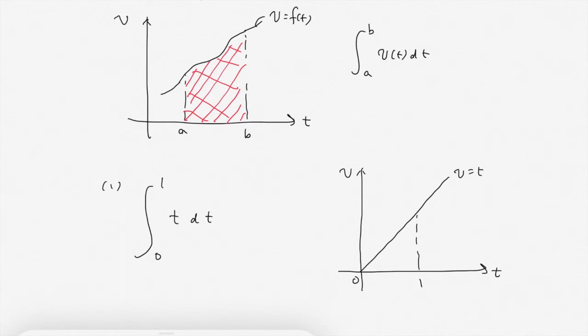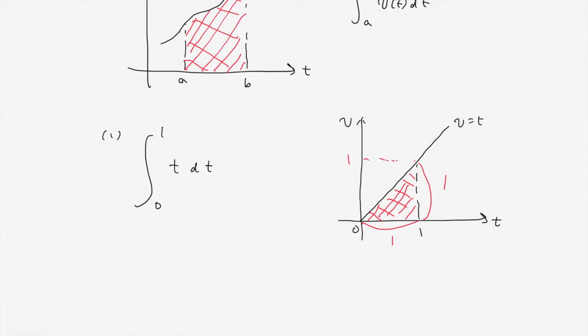We'd like to find the area under this line. In this case, this length is 1 and this length is 1, so you could easily find the area of this triangle. It becomes 1 over 2. This is the definite integral of t between 0 and 1.